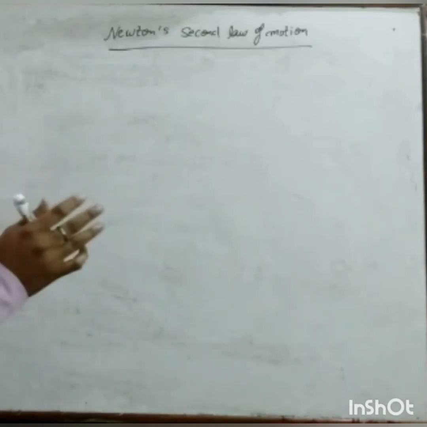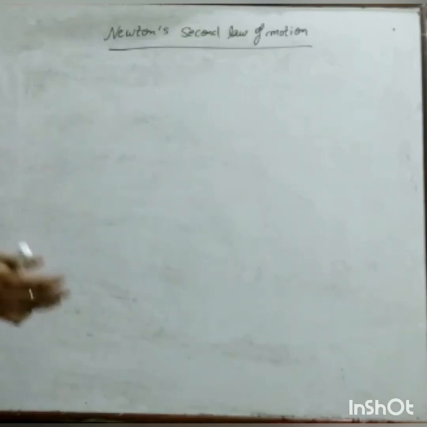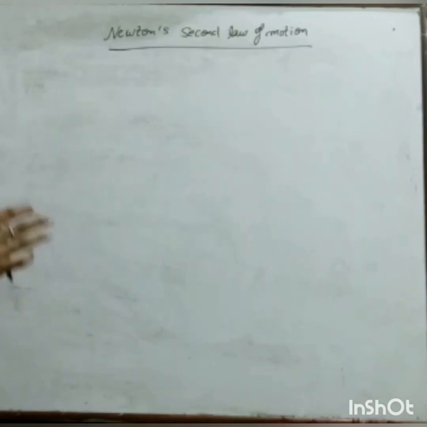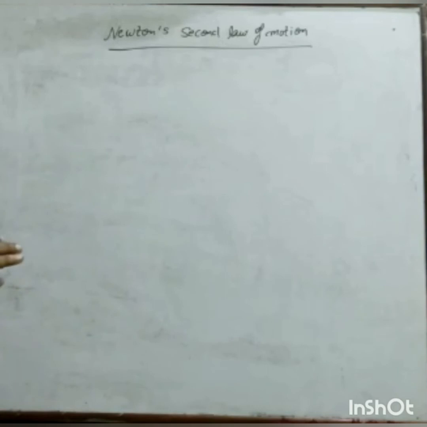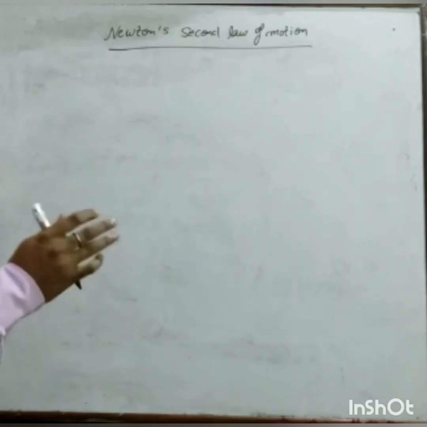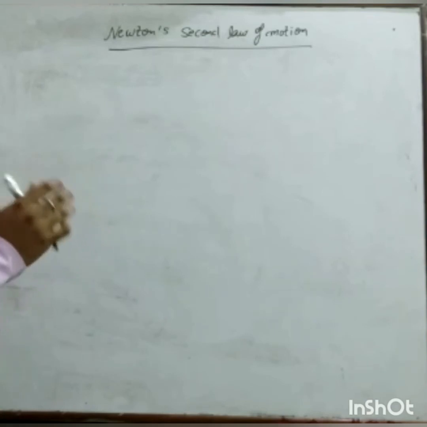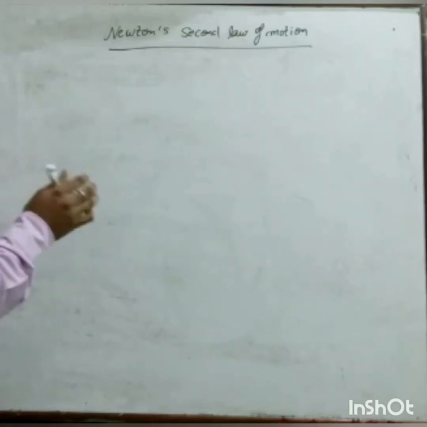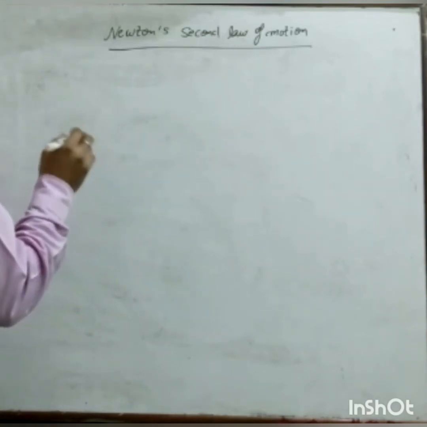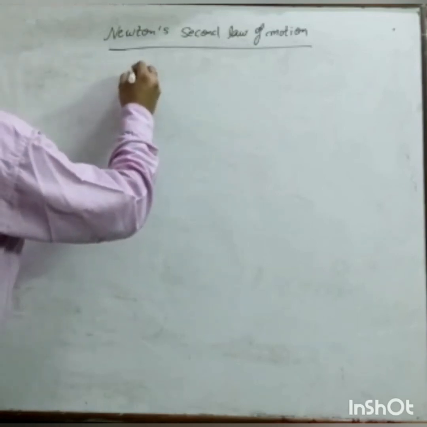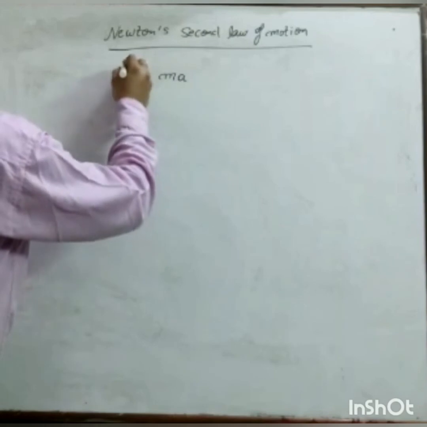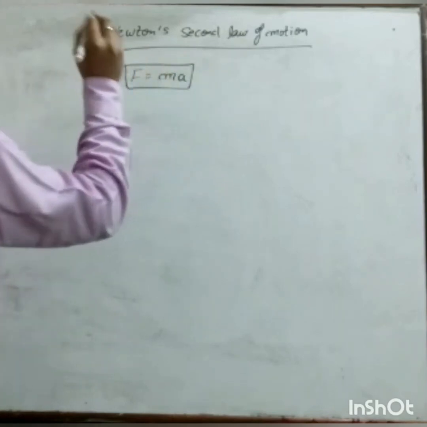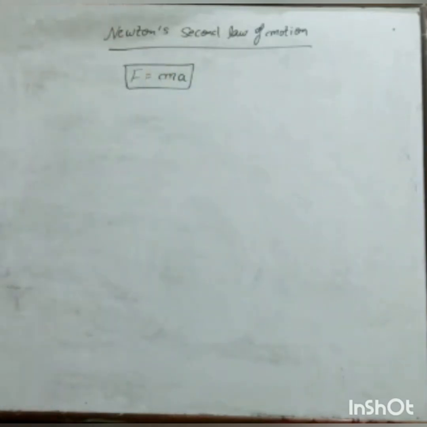Then Newton's second law of motion can be stated in terms of change in momentum as follows. According to Newton's second law of motion, the rate of change of momentum of a body is directly proportional to the force applied on it, and the change in momentum takes place in the direction in which the force is applied. Then F is equal to ma. That is Newton's second law.